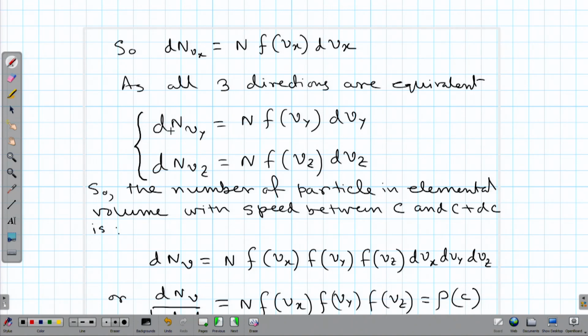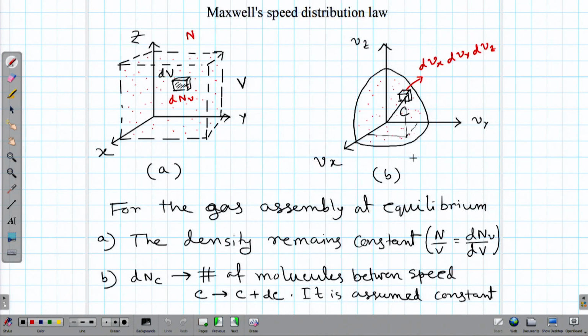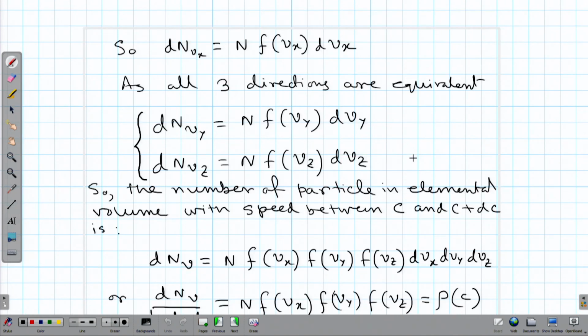So, combining this, we can say that the total number of particles in the elemental volume in velocity space, with speed between c and c plus dc, having velocity components between Vx and Vx plus dVx, Vy and Vy plus dVy, Vz and Vz plus dVz, is n times f(Vx) f(Vy) f(Vz) times dVx dVy dVz.